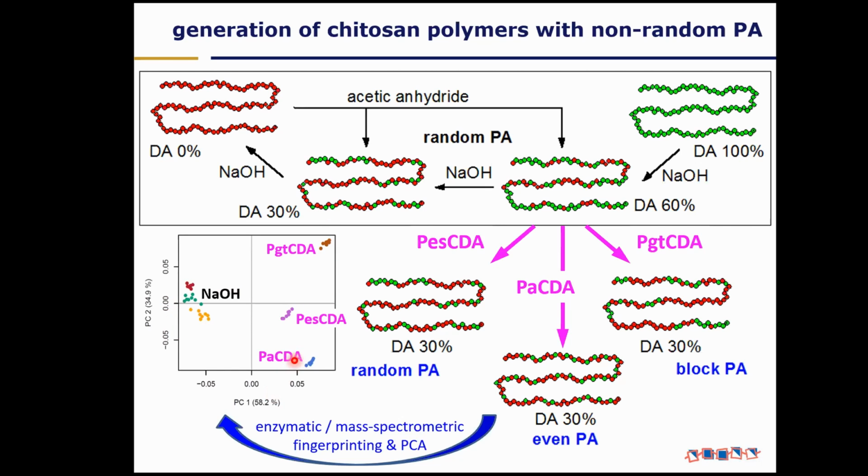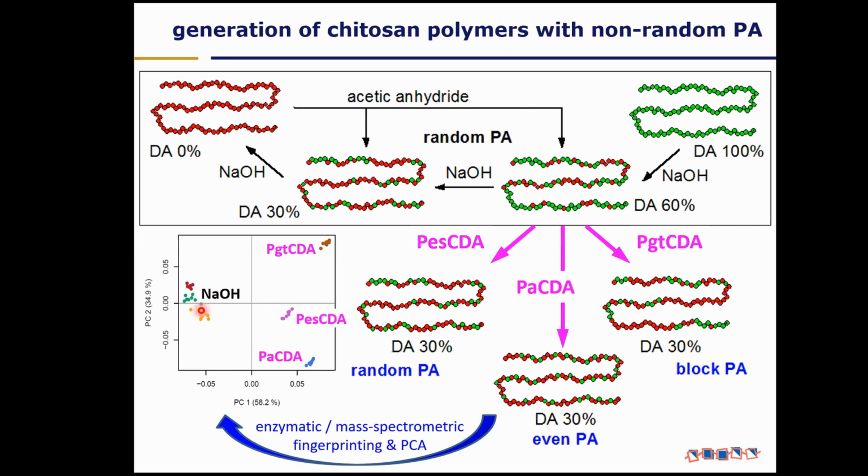And these three chitosans are produced using enzymes, or it's a chemoenzymatic process, because the first step is a chemical process and the second step is the enzymatic process. If we use the Pestalotiopsis enzyme, we get a chitosan which has almost random pattern of acetylation, at least in this PC2.